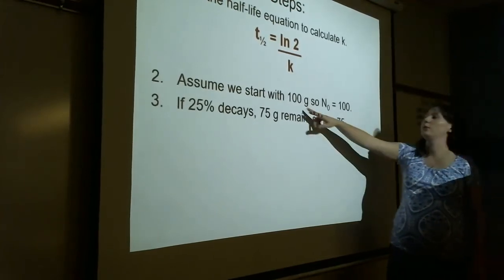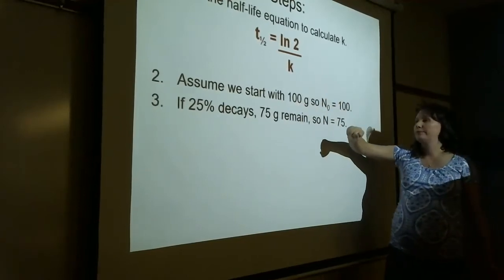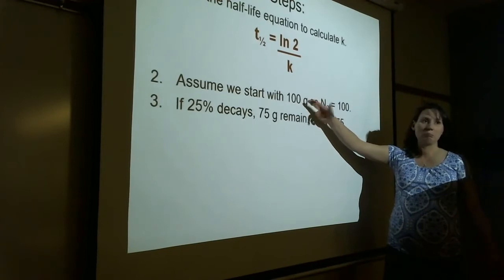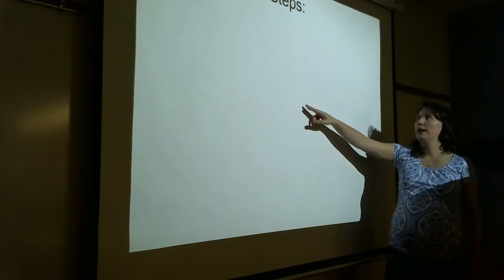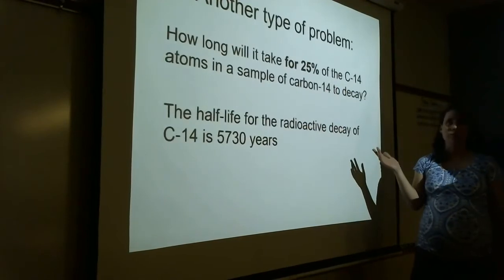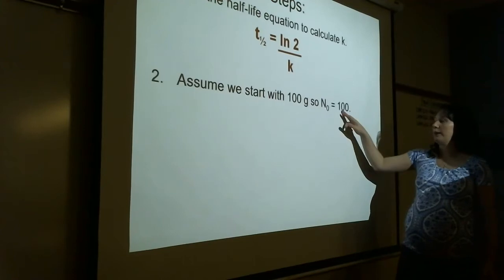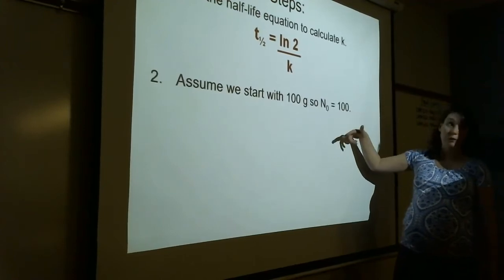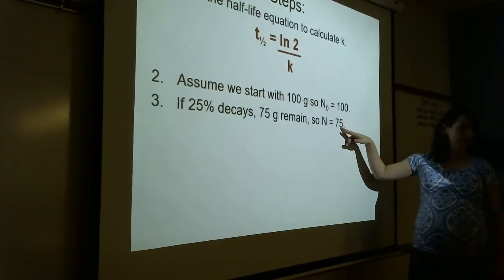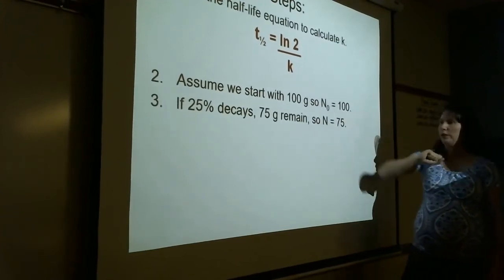We're pretending we started with a 100-gram sample because I didn't tell you what the initial mass is. Now, if I gave you the initial mass, let's say the initial mass was 4.3 milligrams, well, then 4.3 would be here, and then you'd subtract 25% of that to go here. But I didn't tell you the initial mass, so that's why you just picked 100 arbitrarily.